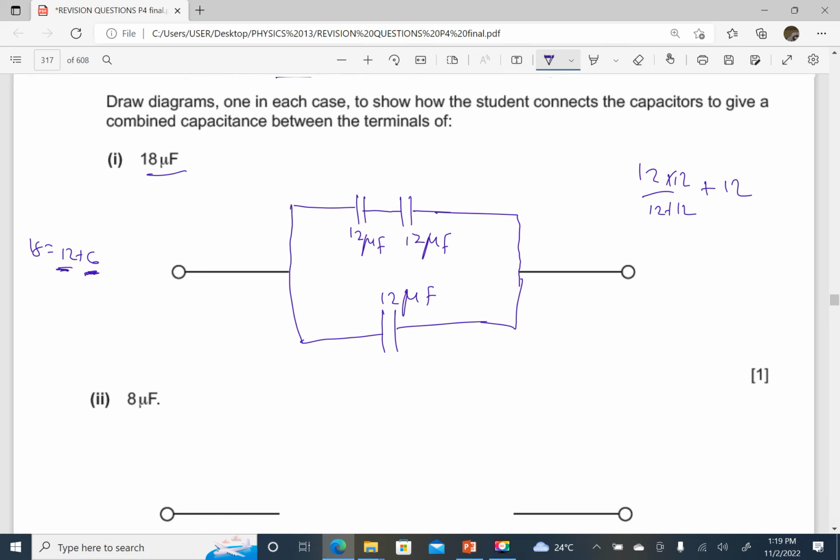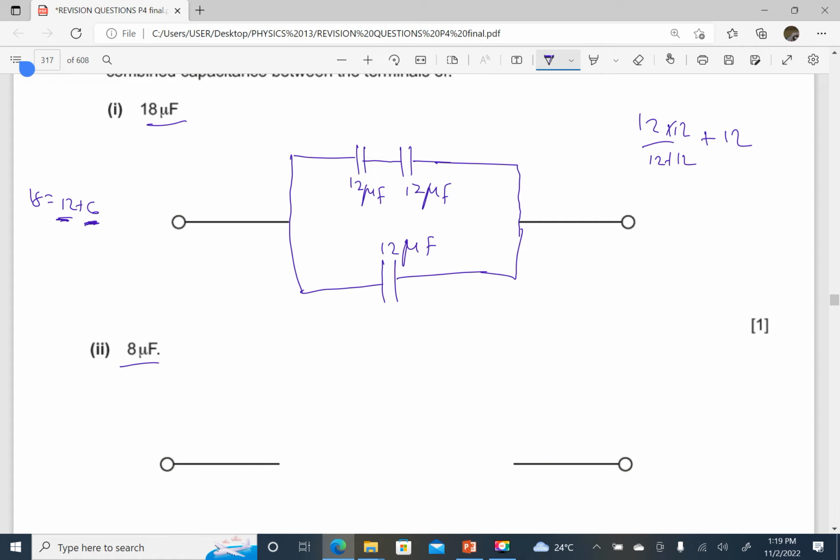Then this one is 18. I mean, this is 8 microfarads. 12 must be reduced by one which is not necessarily 12. It should be 6 and 12 in series.